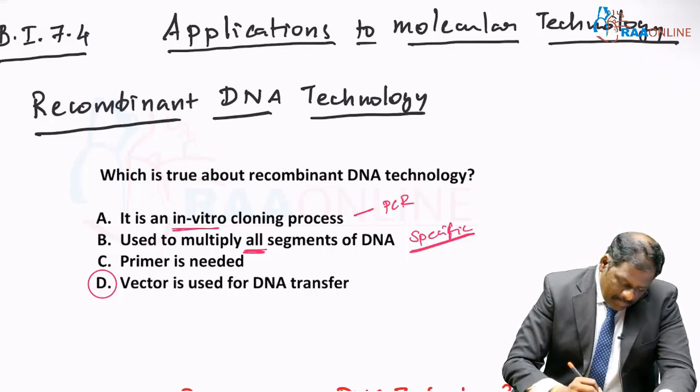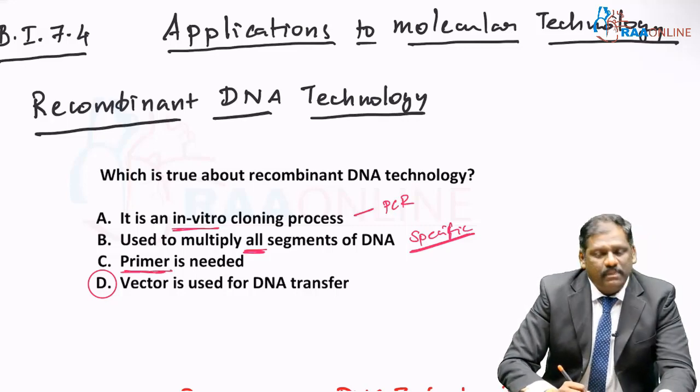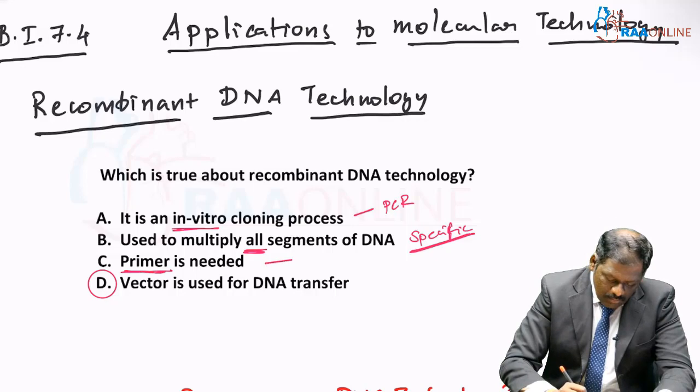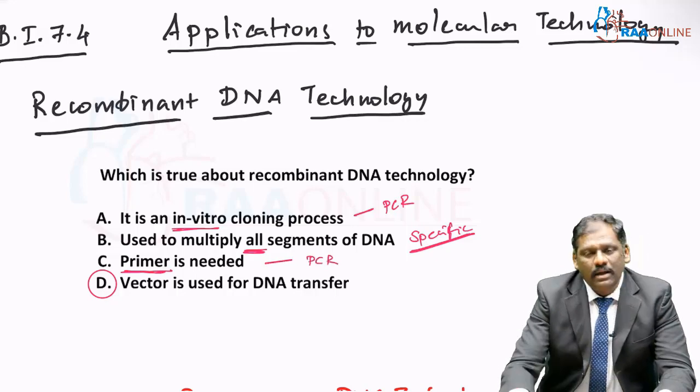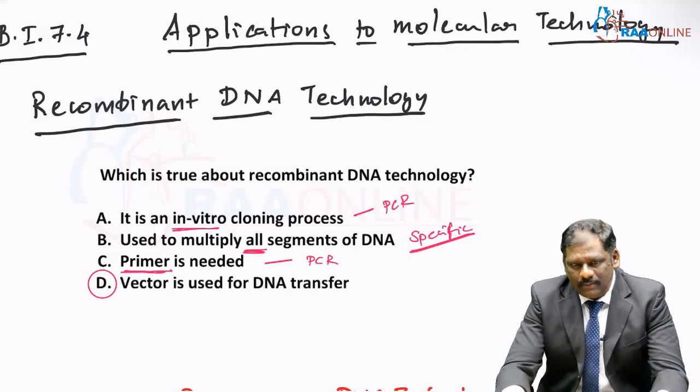Primer is needed. This primer is required for polymerase chain reaction in order for the DNA polymerase to function. In case of recombinant DNA technology, that problem is taken care of by the E. coli bacterium itself, where the DNA gets divided easily.